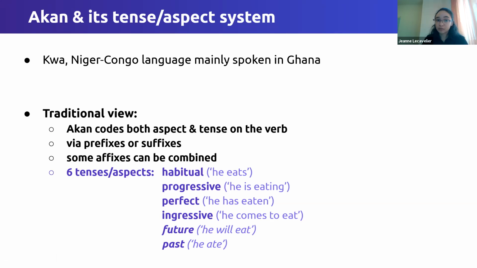Some affixes can also be combined, which is interesting. On the traditional view, there are six tenses or aspects: four aspects, habitual, progressive, perfect, ingressive, and two tenses, or we will discuss that later, called the future and past.